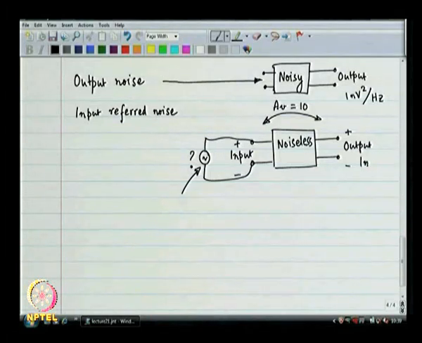You want to get 1 nanovolt squared per hertz, okay, gain of your system is 10. So, what should have been the input had the noise not been generated within the circuit at all? What should have been the input?